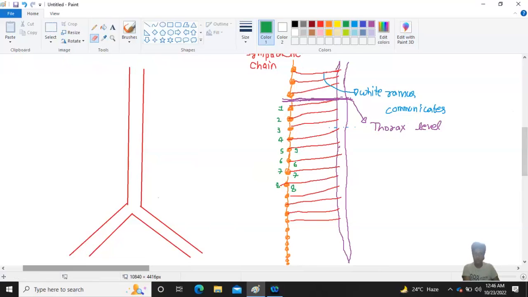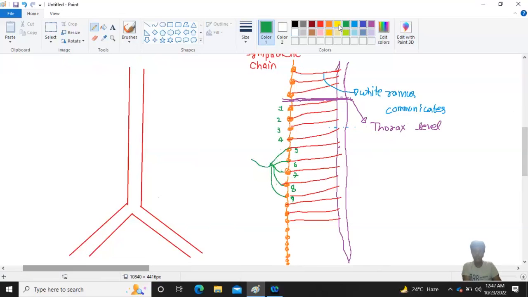These form a nerve called the splanchnic nerve, which is again a gray and white ramus communicant combination. This is called the greater splanchnic nerve.